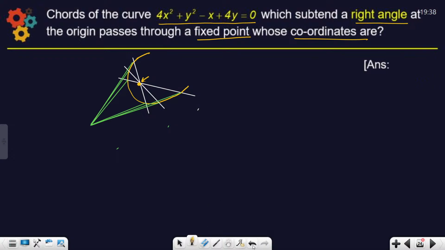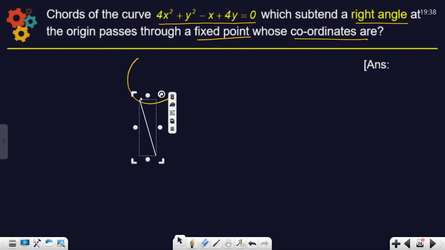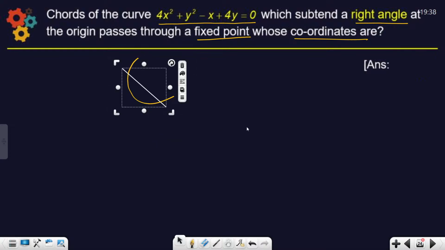So let me just erase all those lines. Okay, so let me take only one line. Let us take these 2 lines. No problem. Or let us take one line only. Now let us say that this line, as it is making an angle with the origin, we can easily understand that we have to homogenize this curve. And as they are saying that it is making a right angle at the origin, it is very easy for us.